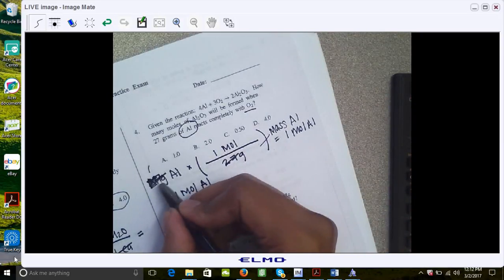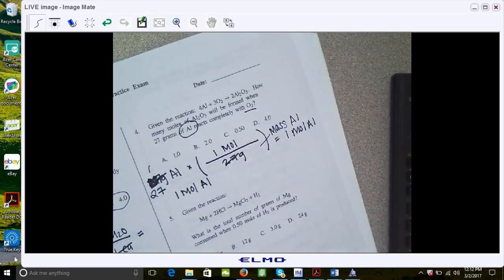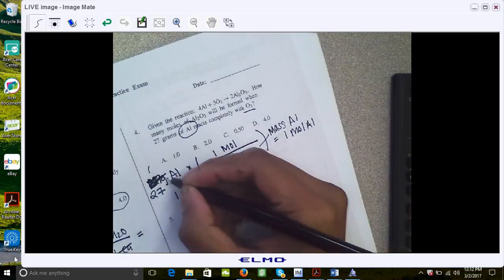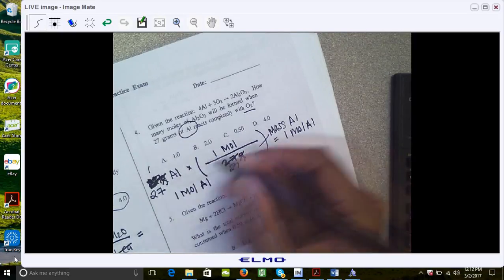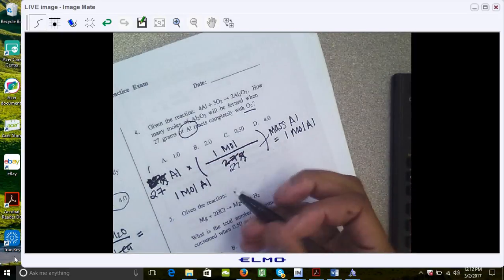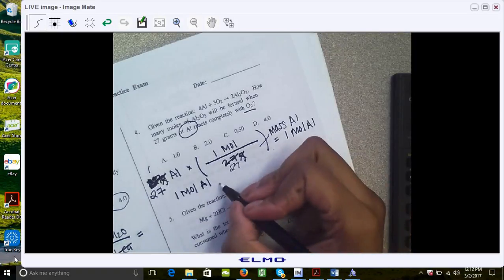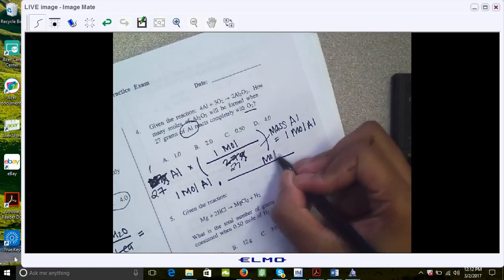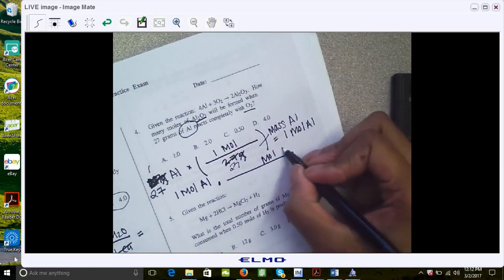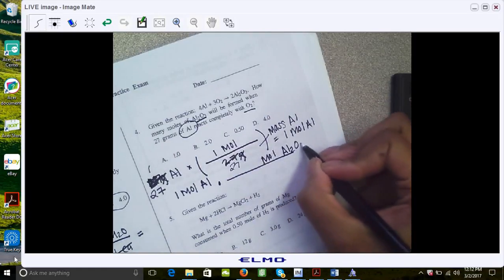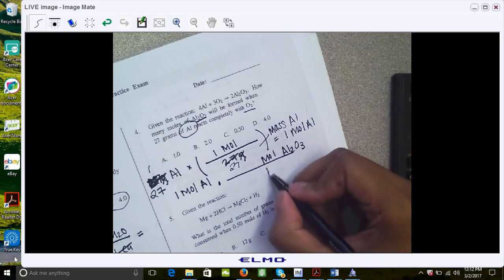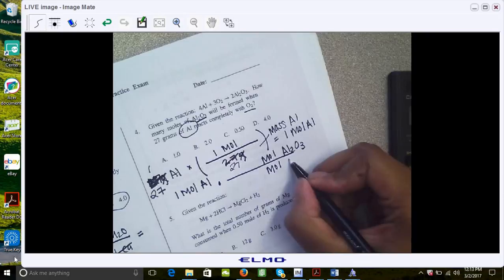Just gonna put 27. Okay, 27 times 27. So my grams are gonna cross out. Okay, so now we have to do our mole conversion. So we want moles of Al2O3 over moles of Al.